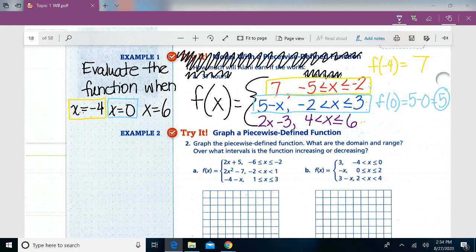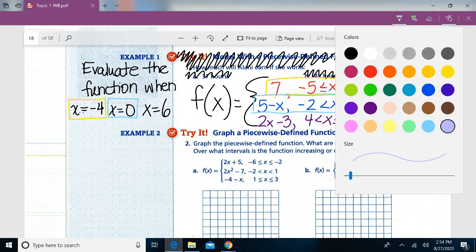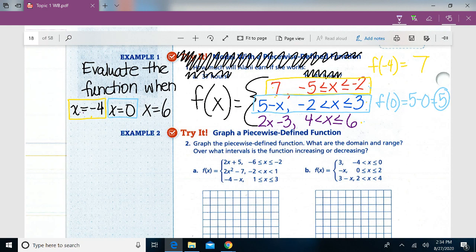Okay. Finally, when I evaluate the function when x equals 6, that means what's the value of the function when the input is 6? So I have this last line that I'm looking at. I haven't used it yet. Is this 6 within the domain of 4 and 6? Yes, because this last line includes the value of 6.